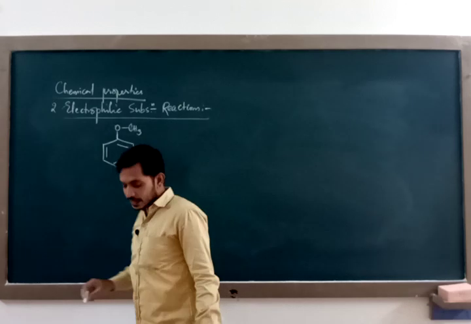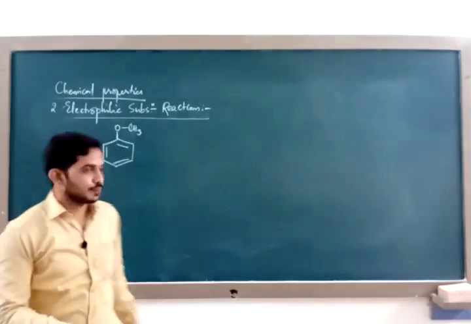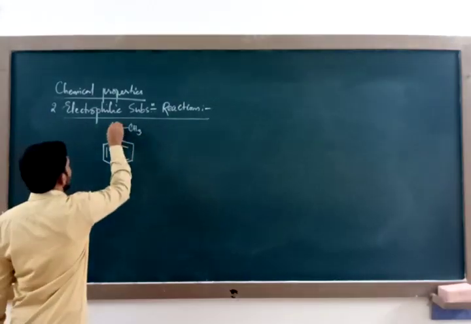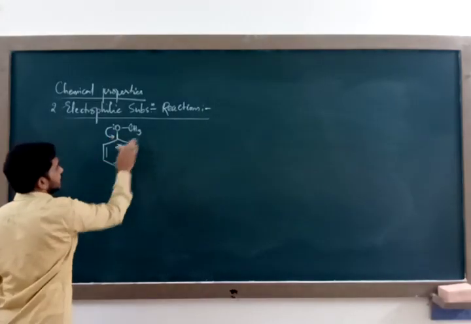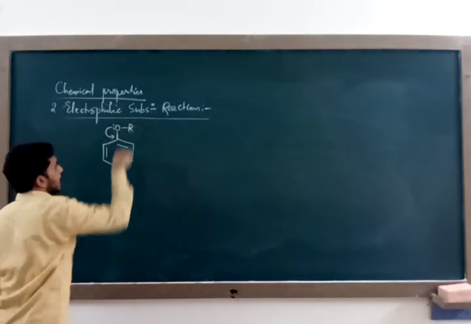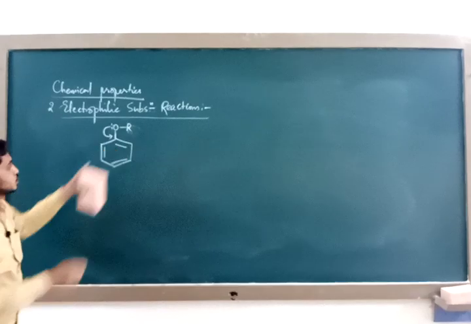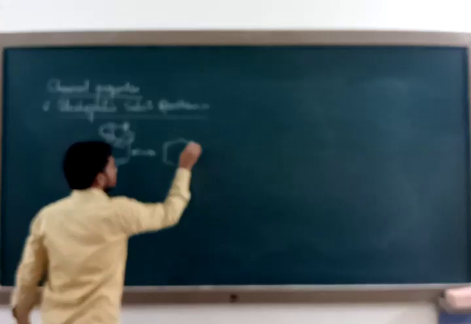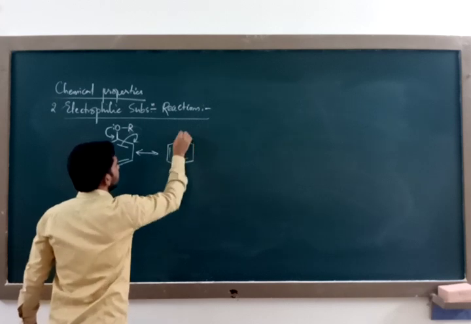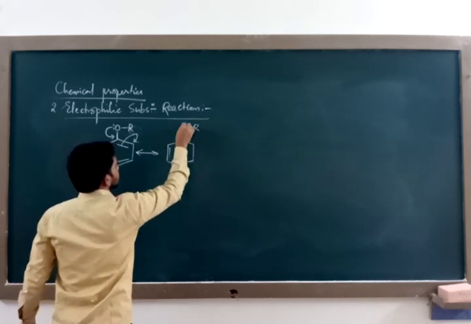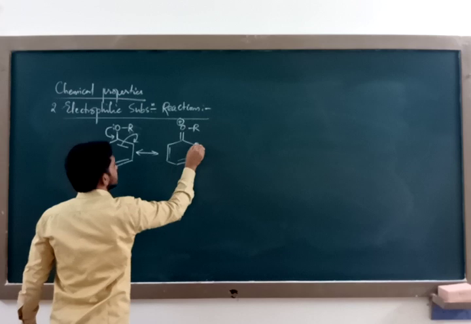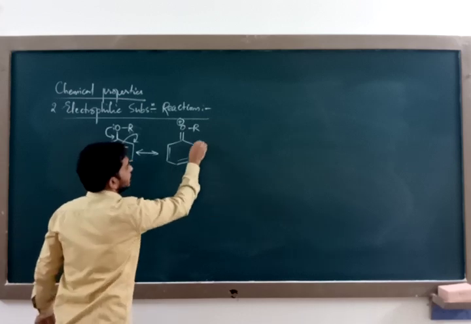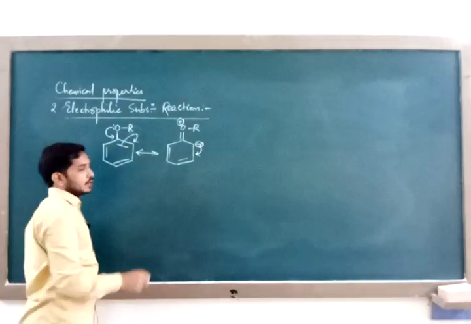Methoxy group is an electron donating group. So if it donates electrons to the benzene, I will replace it for convenience as R only. If it donates electrons to benzene, then the subsequent resonance structures are as seen on the board. Because oxygen has lost electrons, I will write positive charge here. The same negative charge appears outside. This delocalizes again.